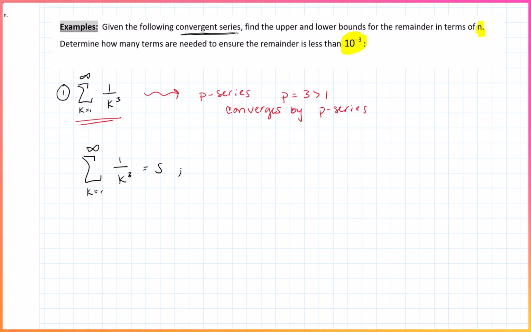So what we're being asked to do here is we want to find R sub n so that R sub n is less than 10 to the negative third. We want to find the remainder, or the error. We want to find n.